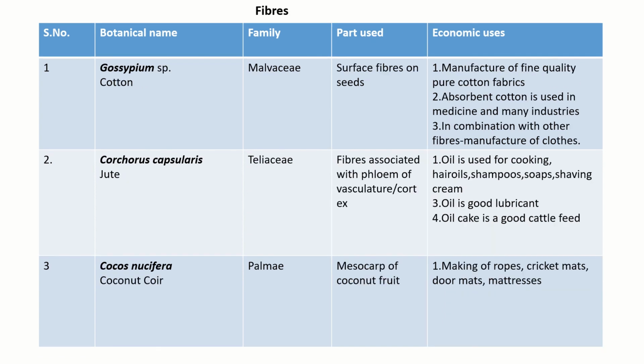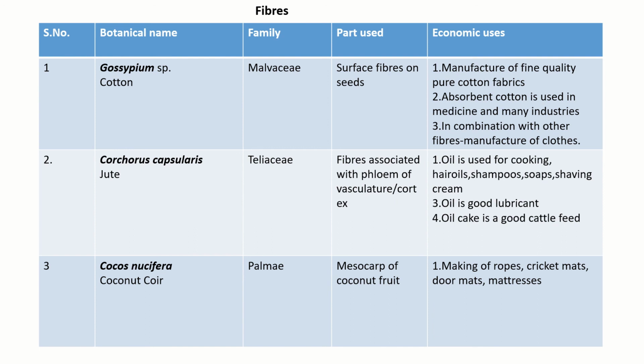Next, we'll come to fibers. We all know jute, cotton, and coconut are very good sources of fiber, right? So let's start with cotton. Gossypium is the scientific name. Cotton belongs to the Malvaceae family. The parts used are the surface fibers on the seeds. It's used in manufacture of fine quality pure cotton fabrics.